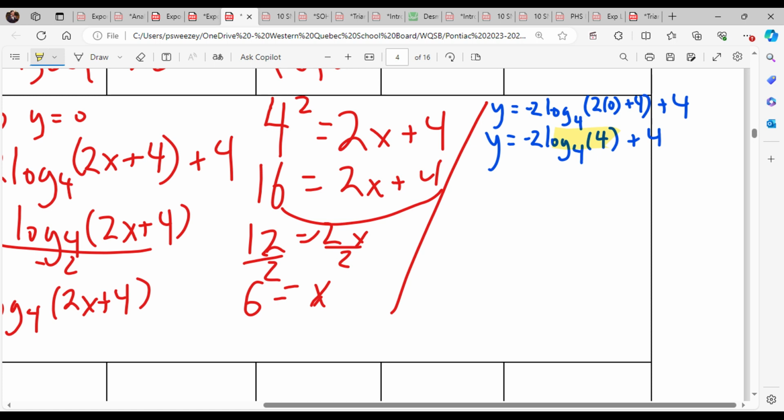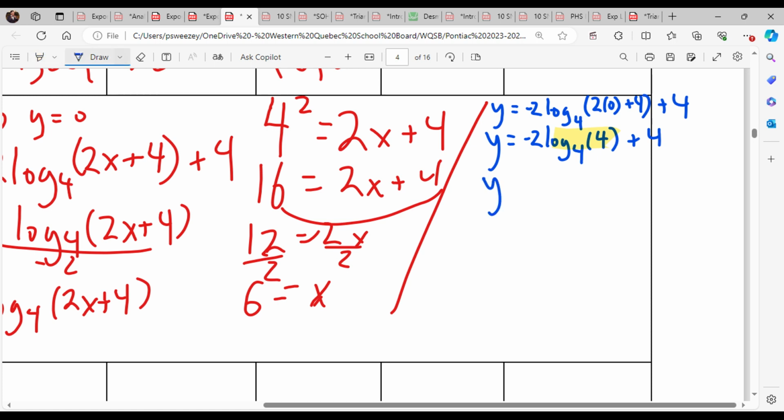You could use the change of base law, change them both, and divide. What you would end up with is log base 10 of 4 divided by log base 10 of 4. So if I had log 4 divided by log 4, what do you think you'd get? 1. If you see this guy here, all you have to ask yourself, looking at what I've highlighted, is 4 to the power of what would give me 4? That's all you have to do.